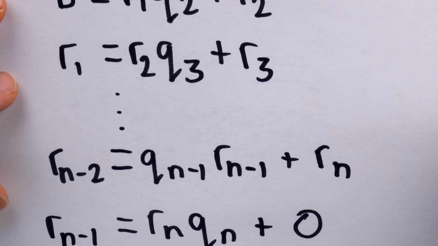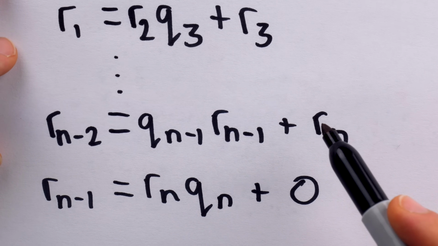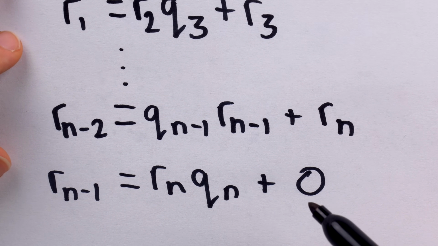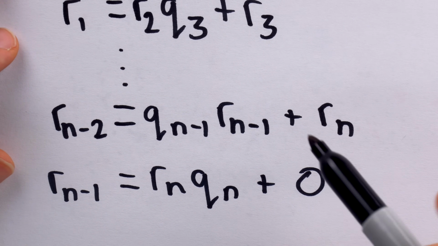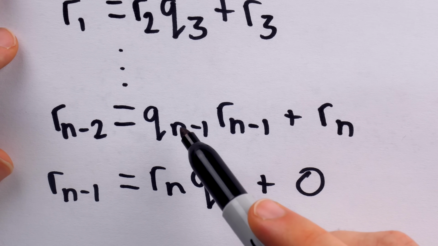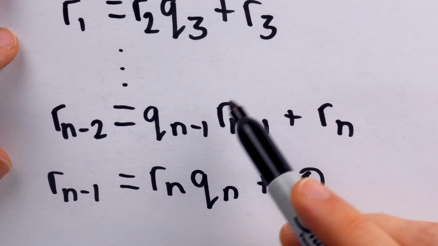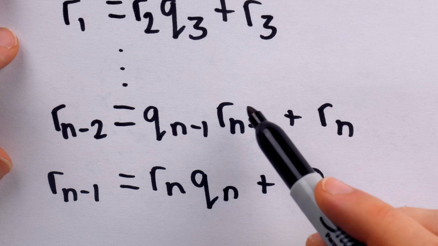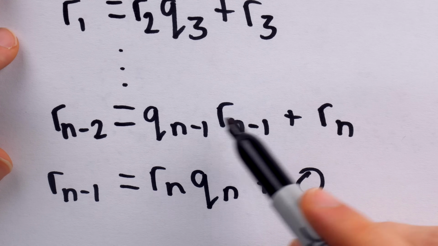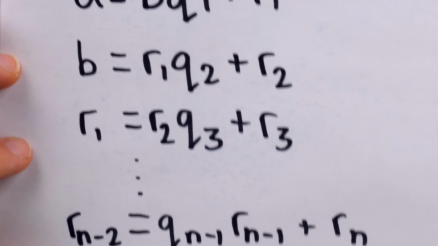And we continue this process until the second to last step, and then finally the last step, where we get that remainder of 0. Please forgive me, in the second to last step I accidentally swapped the order of the quotient and what would be the divisor R(n-1). Obviously doesn't change the product, just looks a little ugly.